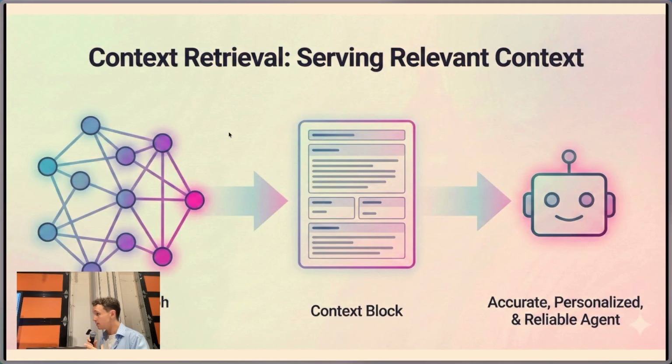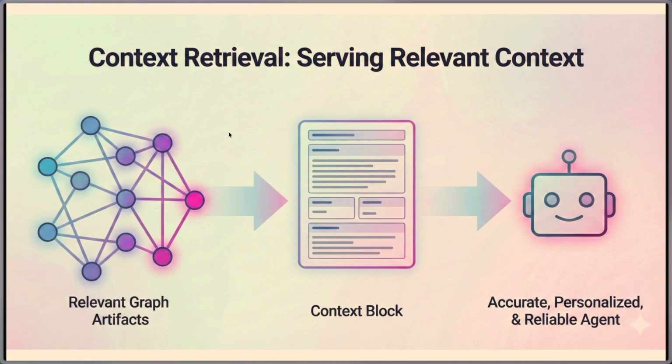The other end of Zep is the context retrieval piece. Once you have the knowledge graph, Zep provides various retrieval and context assembly methods so that you can provide the most relevant information from the graph to your agent. The simplest version of this is a method in the Zep SDK that you call right when you have an incoming user chat message.